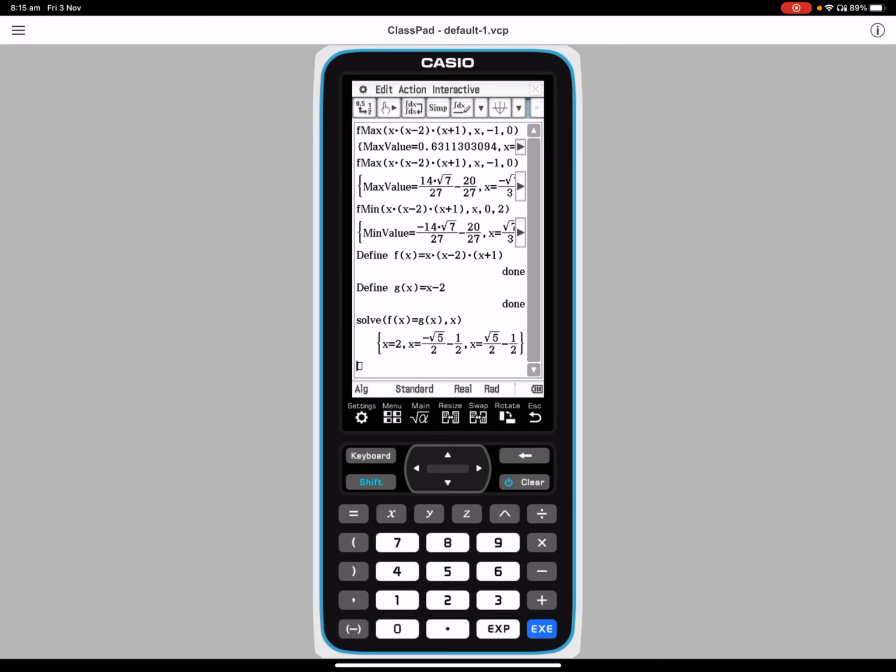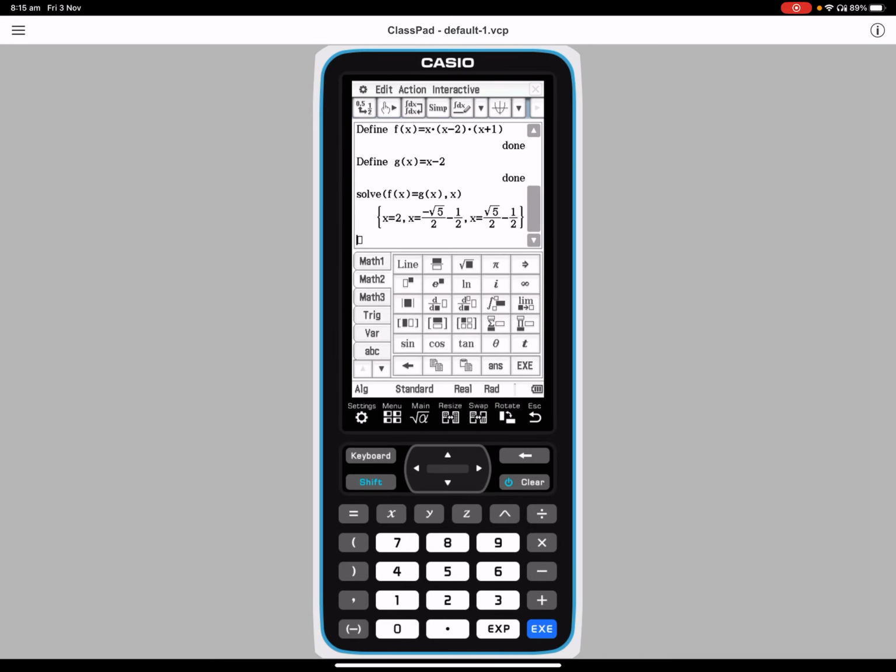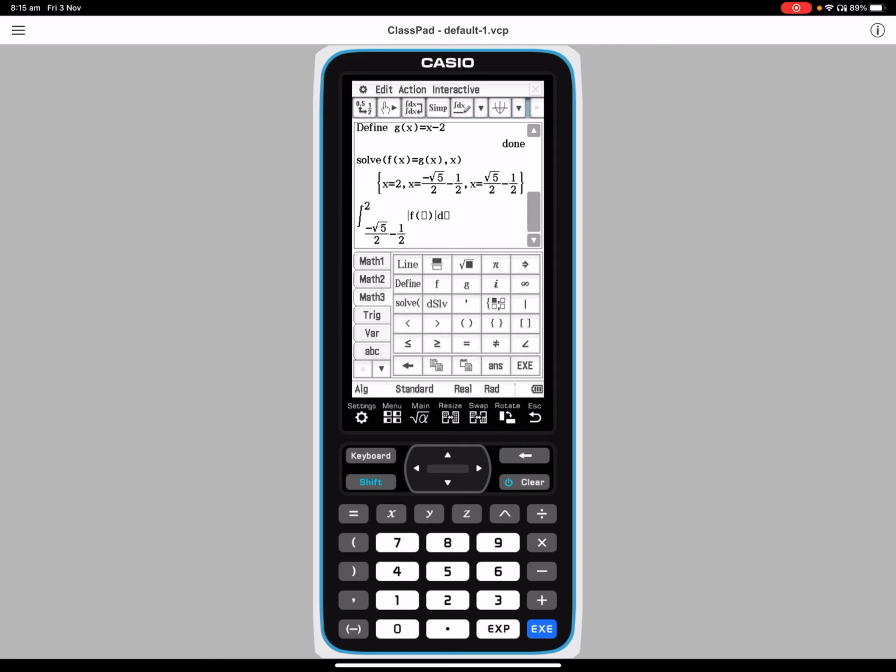Okay, so we want to go integral, lowest value. Now, there's actually a cheap way to do this. We can just go from our lowest value to our highest value of the modulus, because it wants it to 2 decimal places. We can just say f of x minus g of x, and that should be in the mod as well.